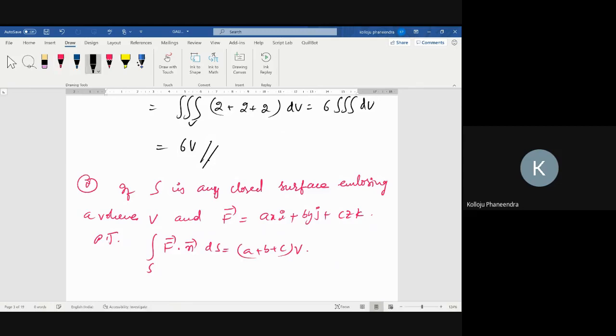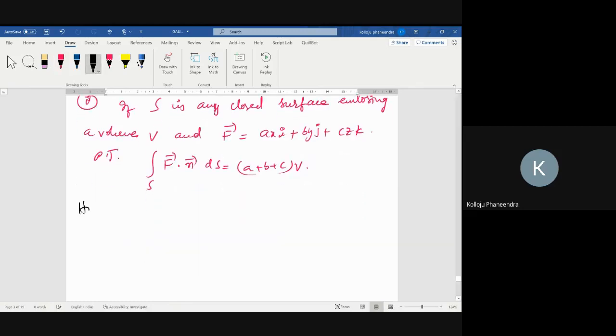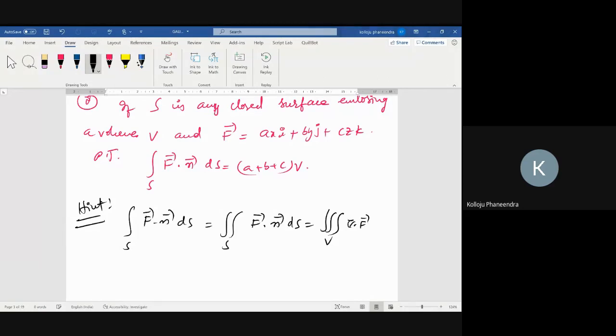I am giving a hint only for this problem. You have to solve this. The integral over S of f bar dot n bar dS is a double integral, since integral over S means double integral. Using divergence theorem, this is the triple integral of del dot f bar dV.